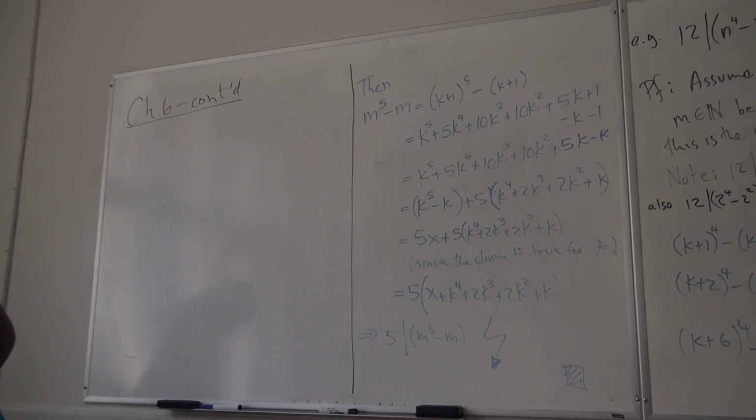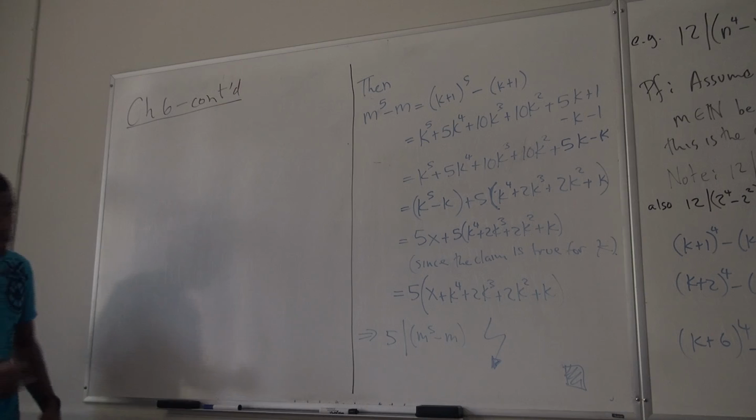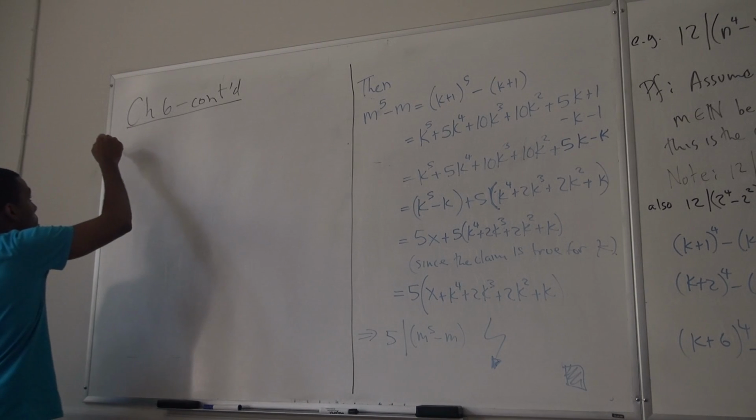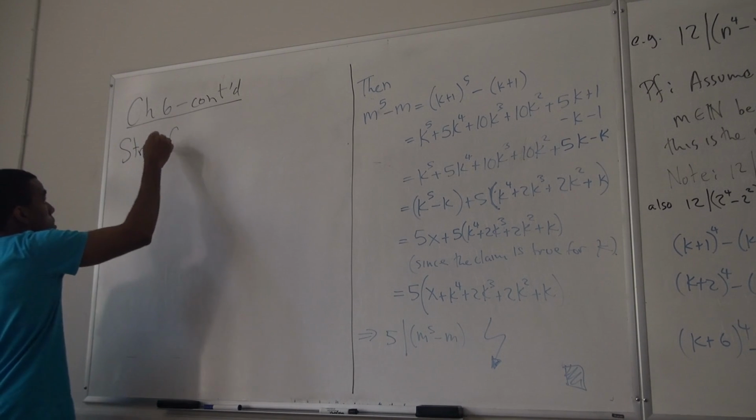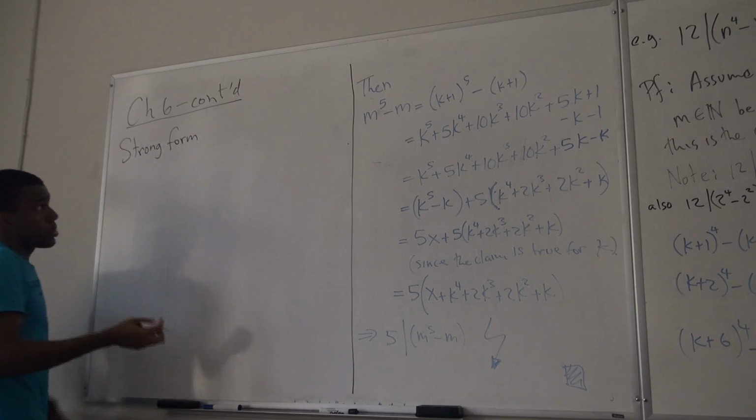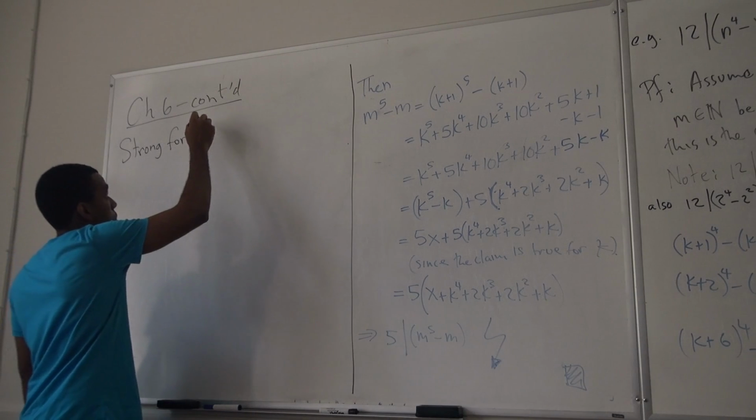Right now, I'll just introduce the last technique in this chapter. You should be able to pick up on it. It's called the strong form, or the principle of strong mathematical induction, or something similar.